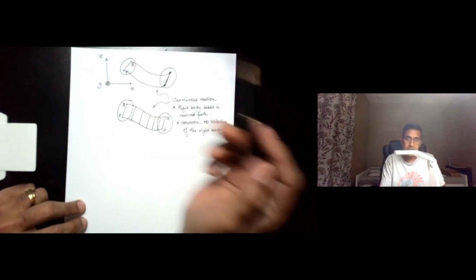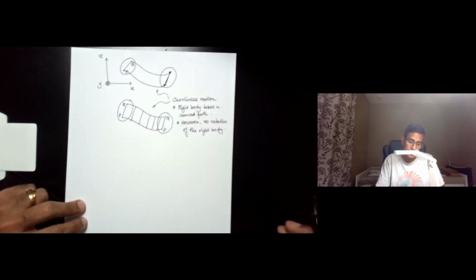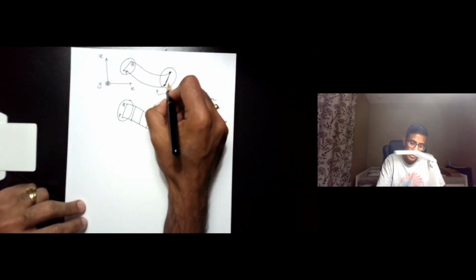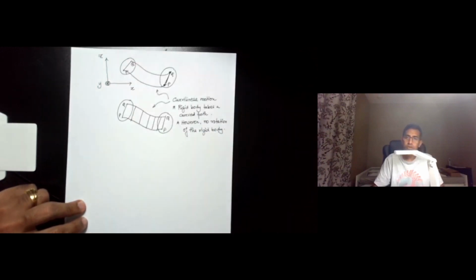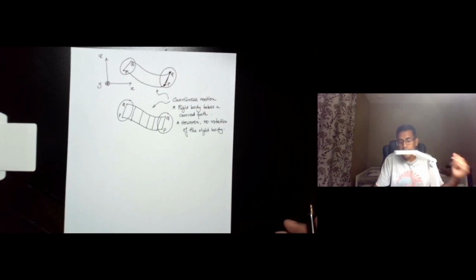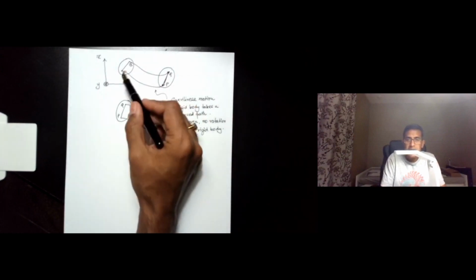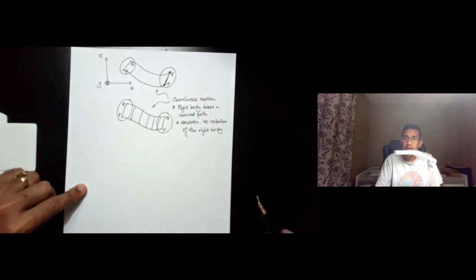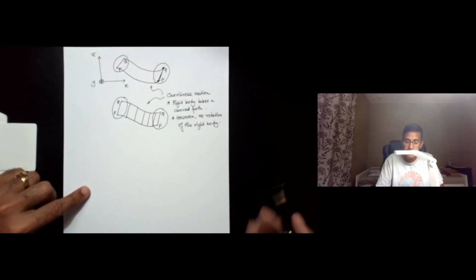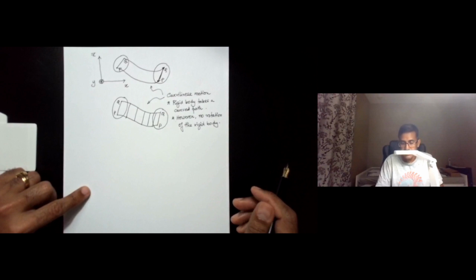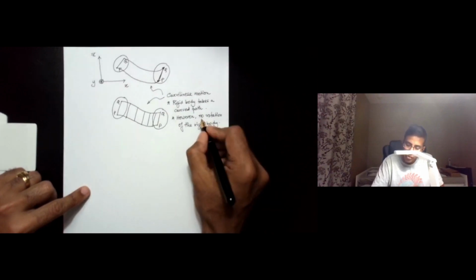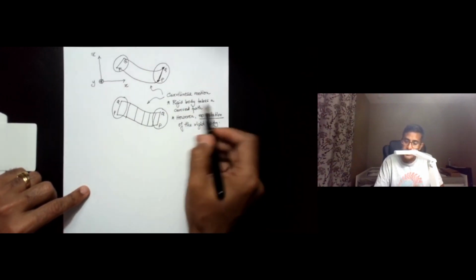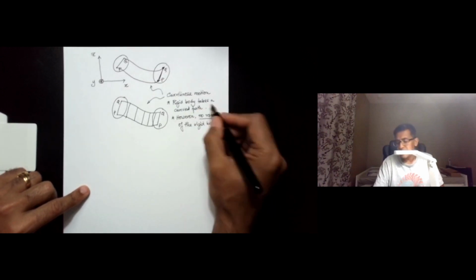So if you identify any 2 points on the rigid body, P and Q, and if you track the motion of the rigid body, then for any 2 points you will see that the line P to Q will always remain parallel to itself as the motion of the rigid body happens. So there is no rotation, but the rigid body takes a curved path, and it does not have to be a curved path.